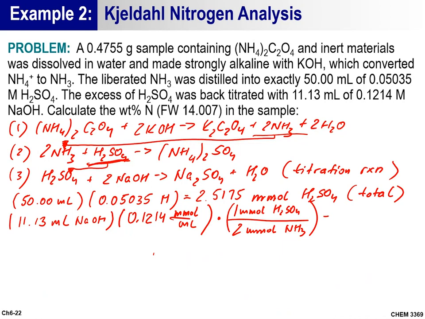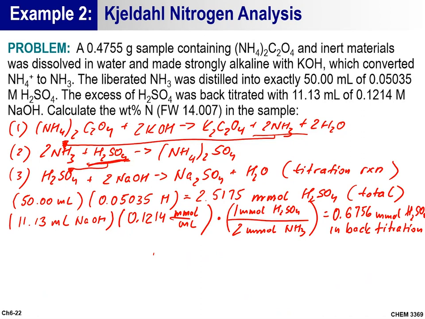So this is the excess of H2SO4, 0.6756 millimoles of H2SO4 in the back titration. So this is the unreacted H2SO4.